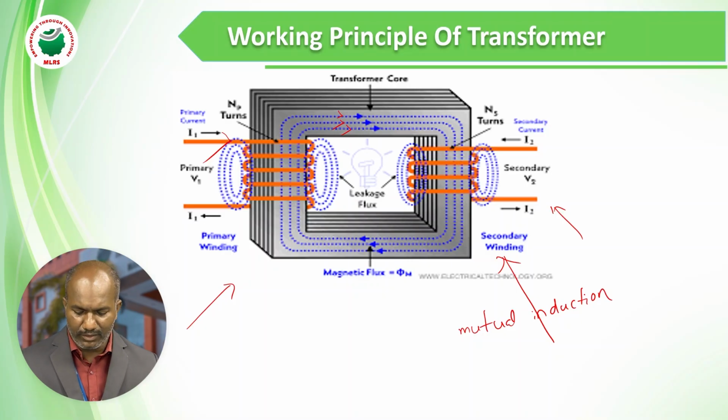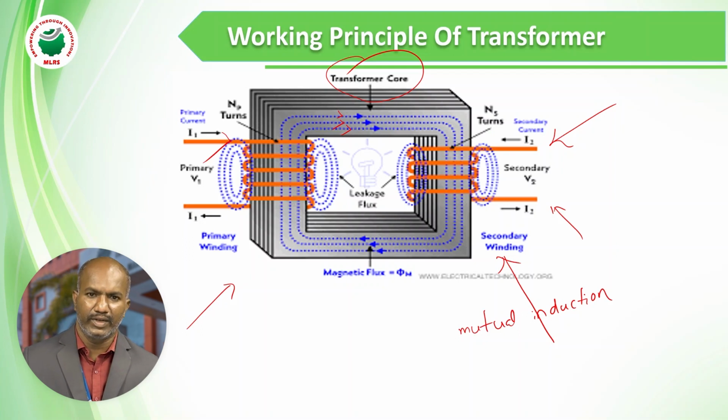So what will happen now? The flux produced by the primary winding travels through the transformer core and links with the secondary winding. So what will happen when this flux links with the secondary winding? We know Faraday's law of electromagnetic induction.